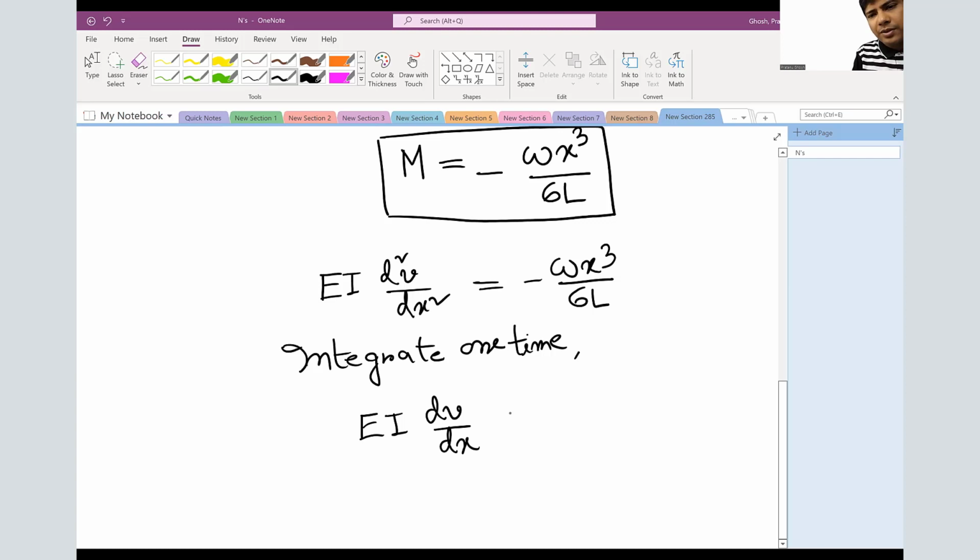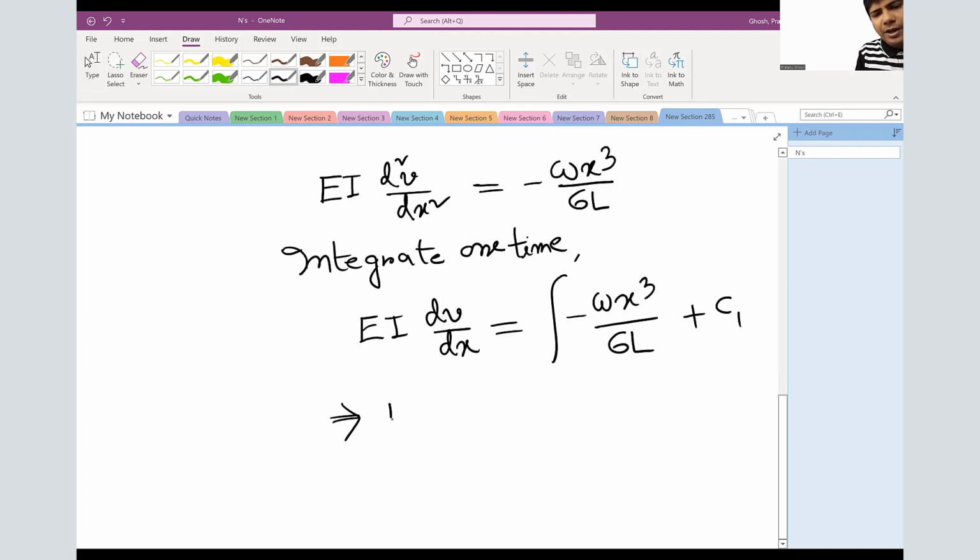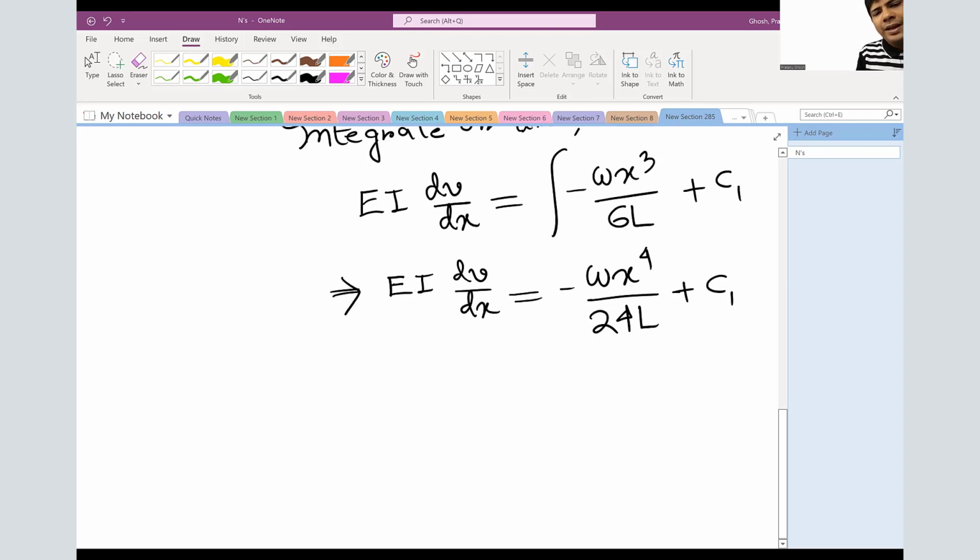EI is constant, so it is outside of the integration, and this one will be W x cubed over 6L plus C1. So what we are obtaining is EI dv/dx equals W x to the fourth over 6 times 4, so 24, L plus C1. Integrate a second time.